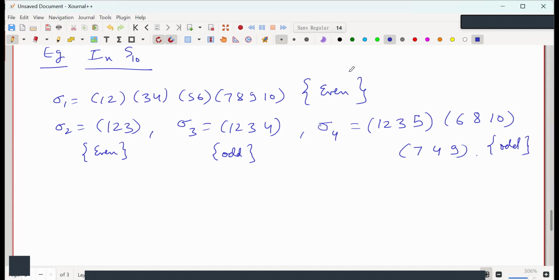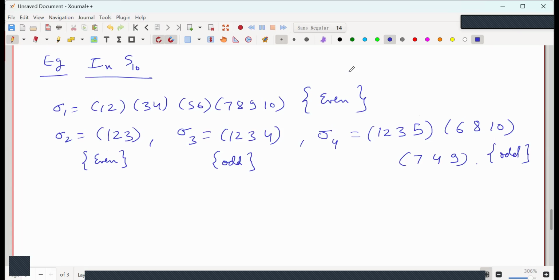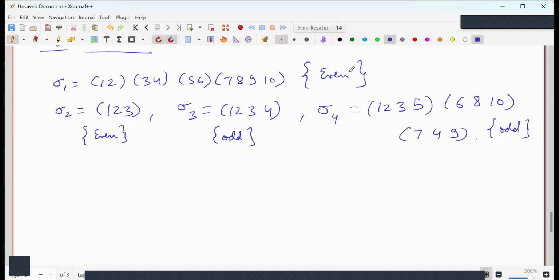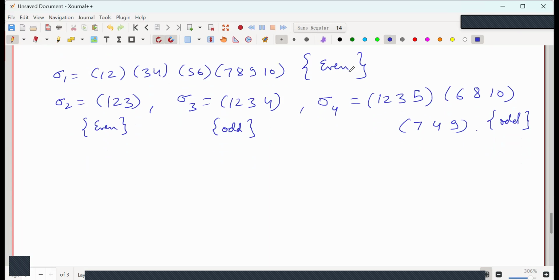So one point you should always see is that we need a disjoint cycle decomposition to say whether it's even or odd, right? If it is not disjoint, then we can't say anything. Sir, if we write 1, 2, 3, 4, 5, 6, 7, 8 up to 9, 10, we can't say anything? No, all these are disjoint, written in disjoint cycle decomposition, right?